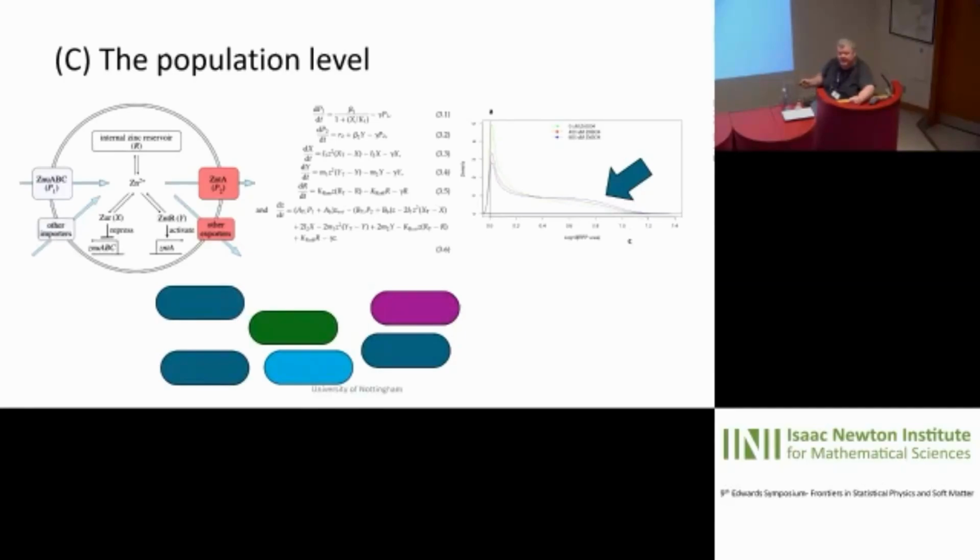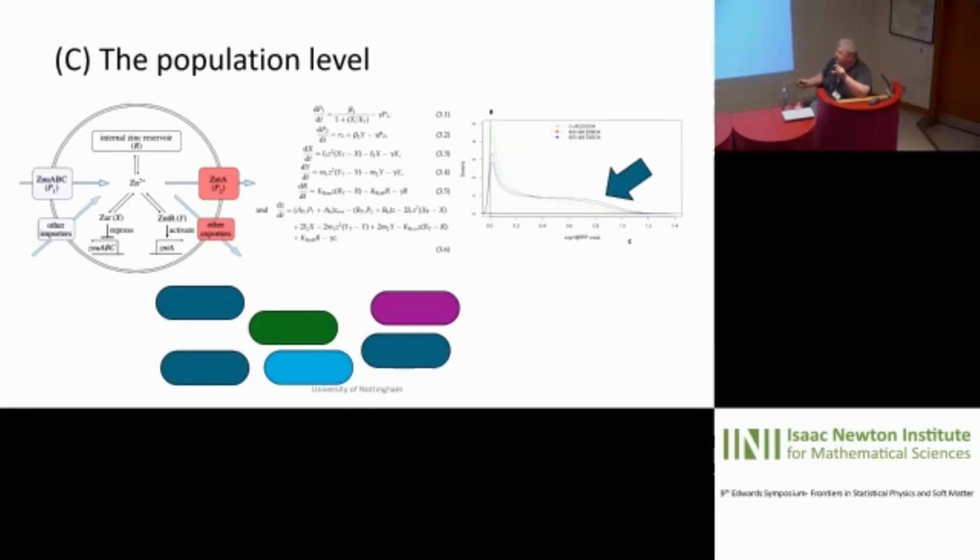But there's one perturbing piece of information, that the system only worked if there was heterogeneity in the expression of these things. So some of these cells would have a lot of these zinc proteins already expressed in the system, irrespective of whether there was a zinc challenge, and some would have none.